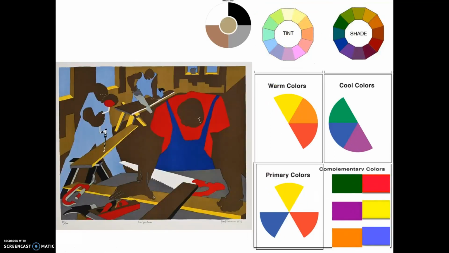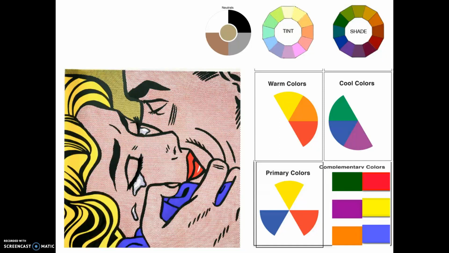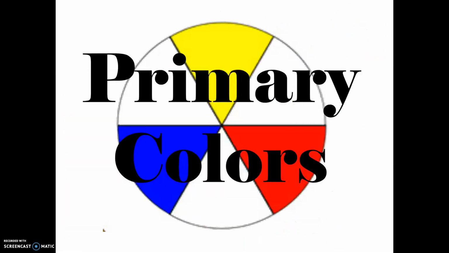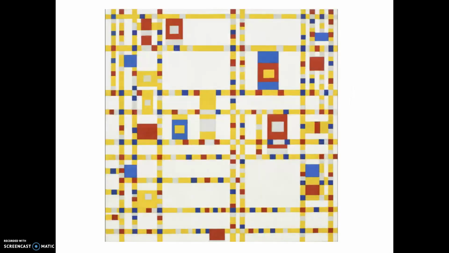Now, what I'd like to do right now is show you a painting with primary colors. This one, Roy Lichtenstein, we studied him last year. But he used primary colors, but the primary color painting that usually comes to mind when I think of paintings with primary colors is this one called Broadway Boogie Woogie.